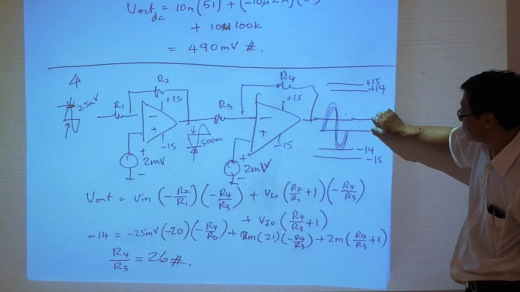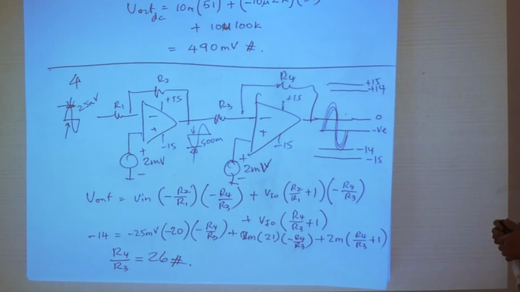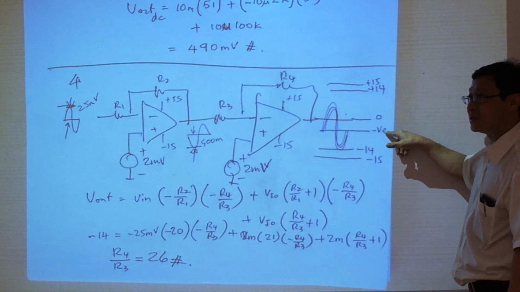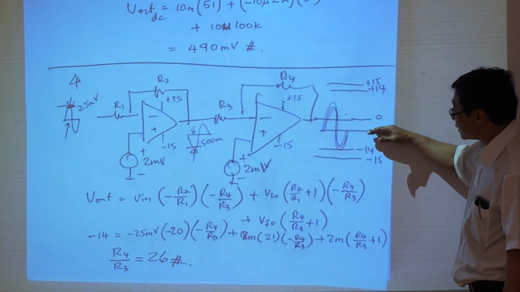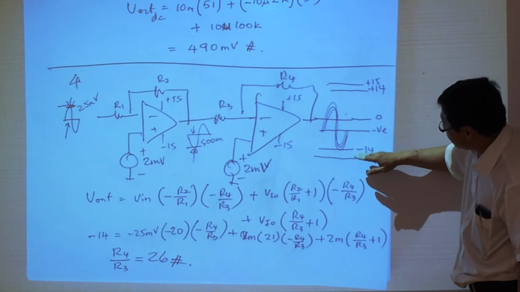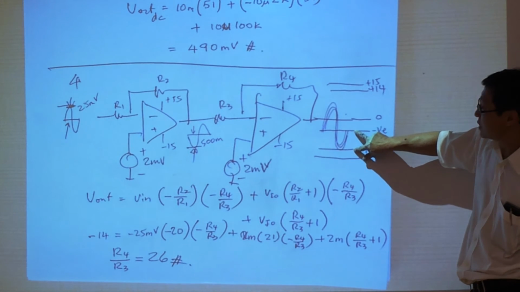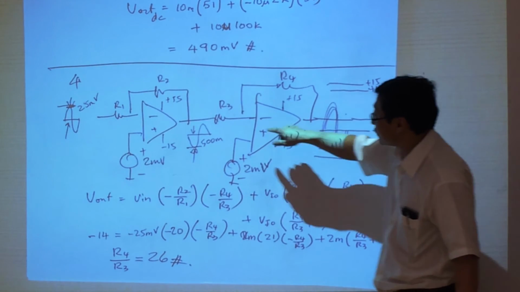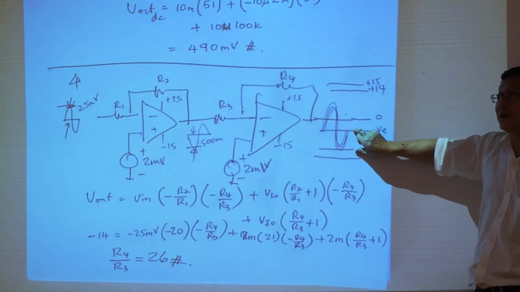And you can calculate this minus some value by going through this portion here. In fact, if you calculate, you'll find that the voltage here is minus 1 volt. So from minus 1 volt to minus 14, you have 13 volt of negative cycle. So in order to get 13 from 500, 500 must be multiplied by 26 to give you 13, right?